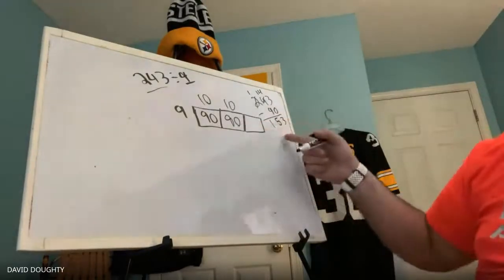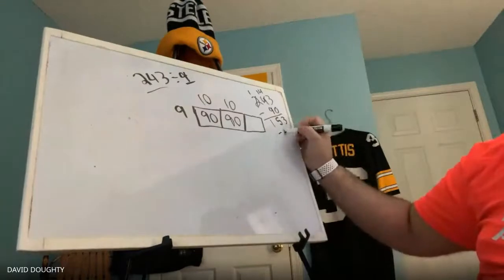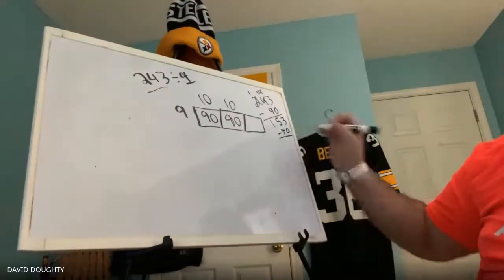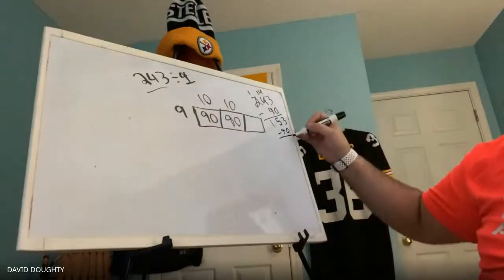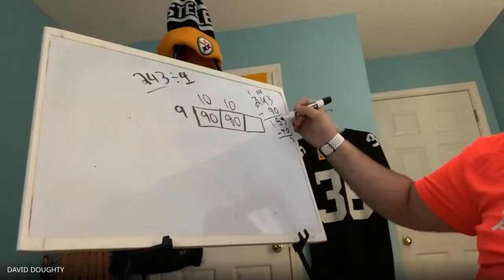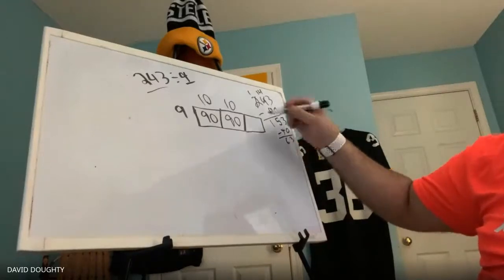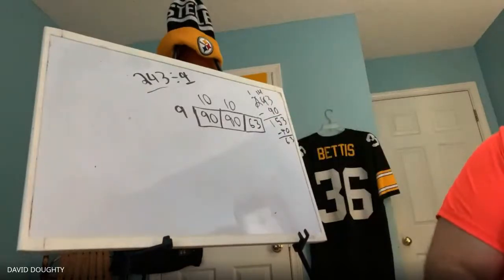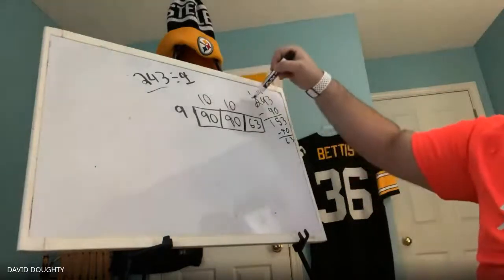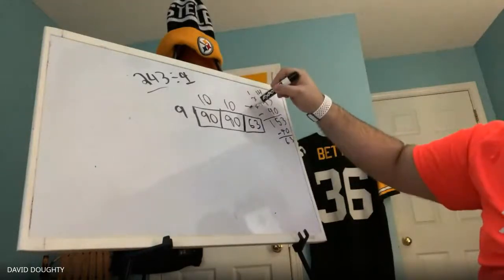So let's see here. I'm going to subtract another 90 from that 153, and that should get me about where I need to go. Let's see, 3 minus 0, that's going to be 3. And I'm just going to go ahead and do 15 minus 9 is 6. Look at that. We know what number makes 63 if you multiply it with 9. Okay? 9 times what is 63? I know that that is 7.